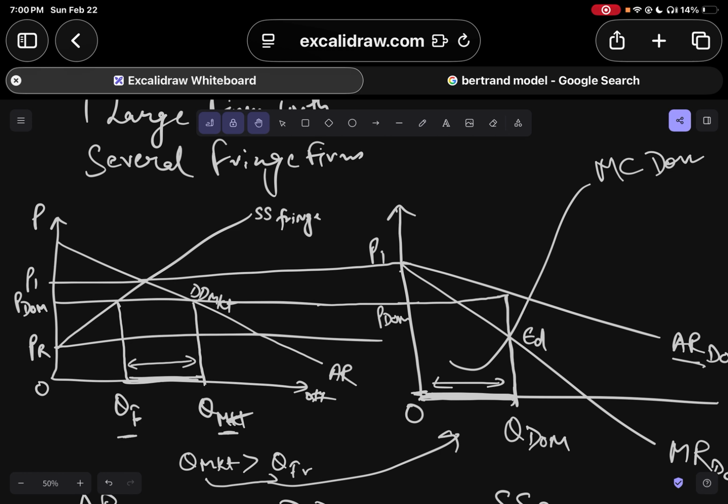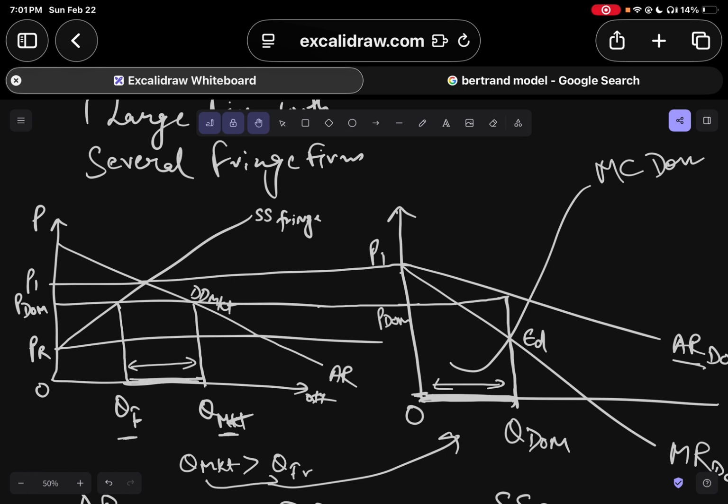At price PR, supply by fringe firms becomes zero; at P1, fringe firms can supply the entire market. Therefore, the dominant firm's AR curve begins from P1 and goes on below PR. The entire AR curve of the market belongs to the dominant firm.